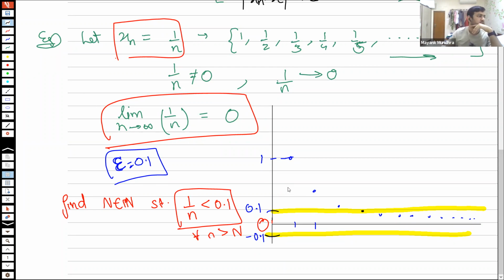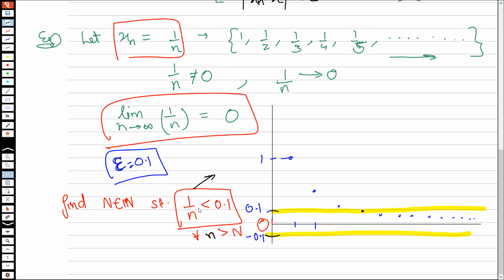Okay, so let me ask this question to Kanishka. Can you give me a capital N such that for all small n, just tell me what value of small n will this be? So 1 by n less than 0.1. So 1 by 5... No, this is 0.1.